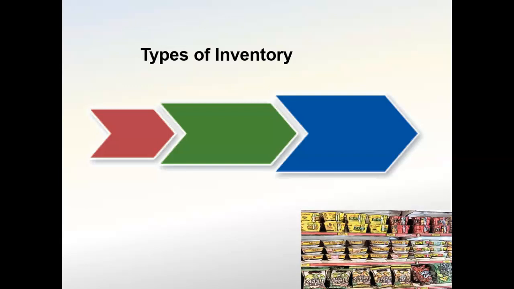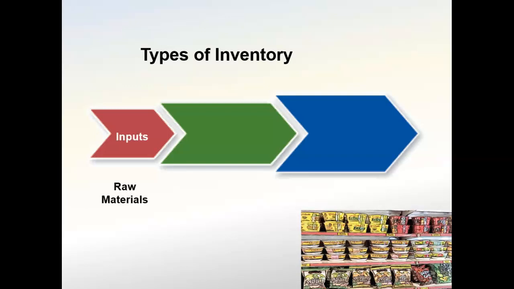Instead, where in this context refers to the inventory's location within the theoretical model of the operation. Figure 10.1 here on this slide names the three types of inventory that map to each of the stages, being raw materials, work in process, and finished goods.